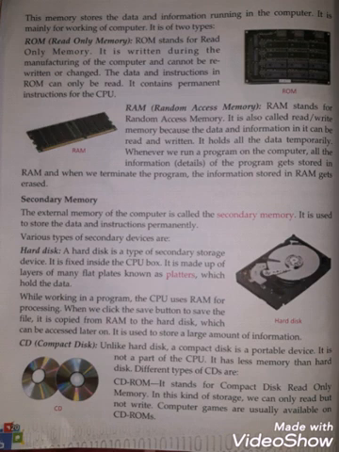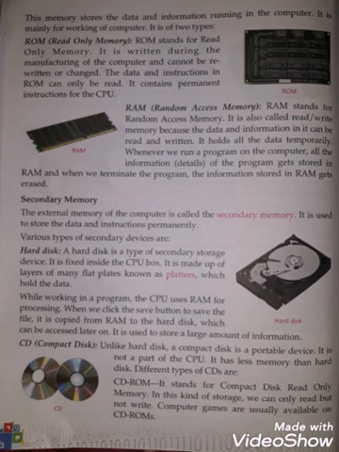You can read the information or data stored on it, and if you want to make some changes, you can also do that. It holds all the data temporarily. Whenever we run a program on the computer, all the information, that is details of the program, gets stored in RAM, and when we terminate the program, the information stored in RAM gets erased.